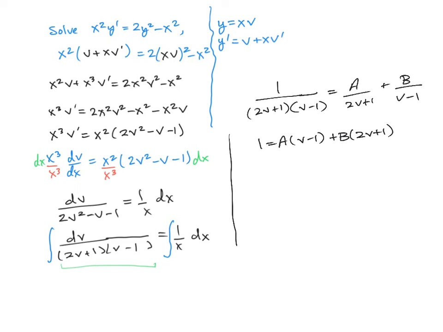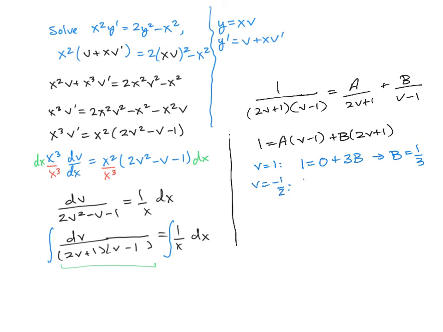And we can now choose different values of v to find the values of A and B. So let's pick v equals 1. If we pick v equals 1, we get 1 is equal to 0 plus 3 times B. So that makes B equal to 1/3. And the other value of v that we can pick is negative 1/2.